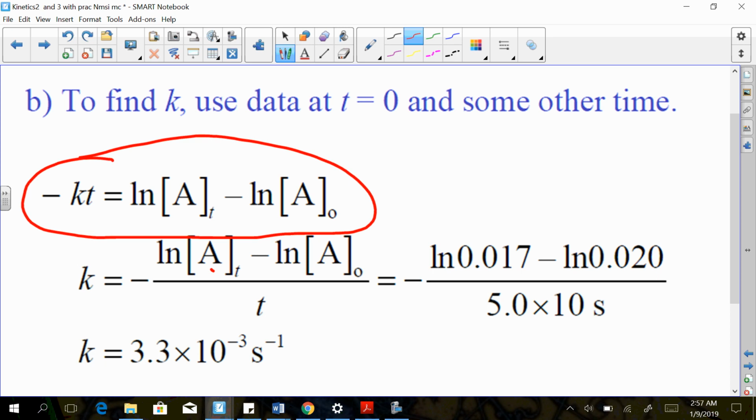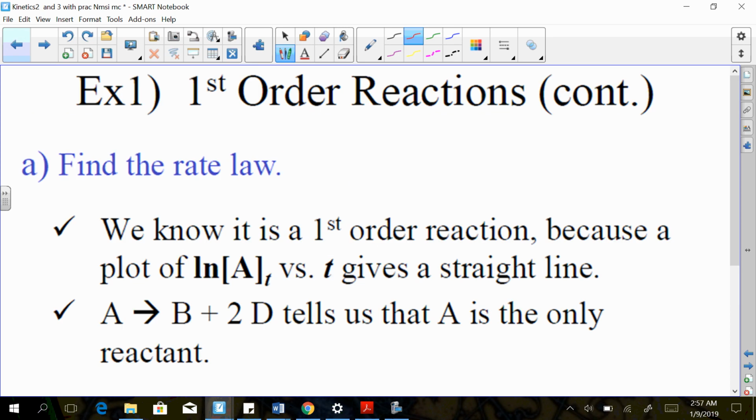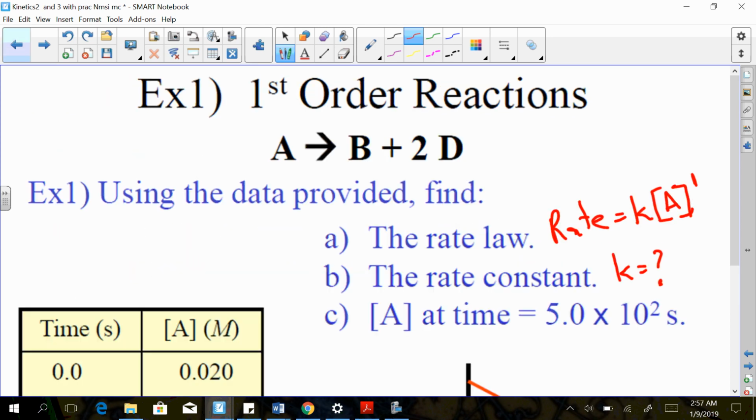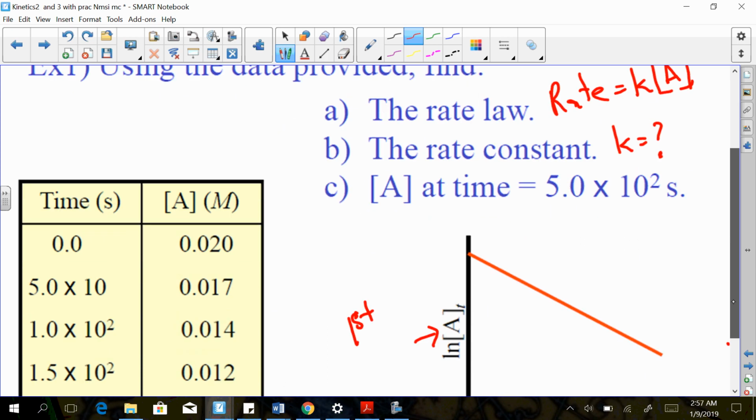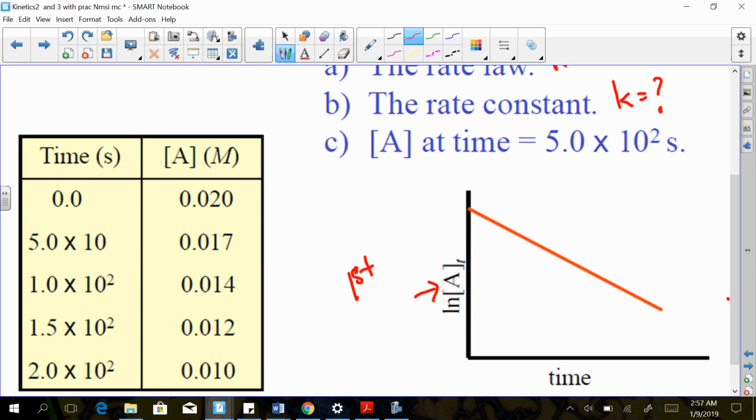But if we go back to our data table, they're looking at the time passing here and the time passing here. So this is the concentration change from 0 seconds to 50 seconds.